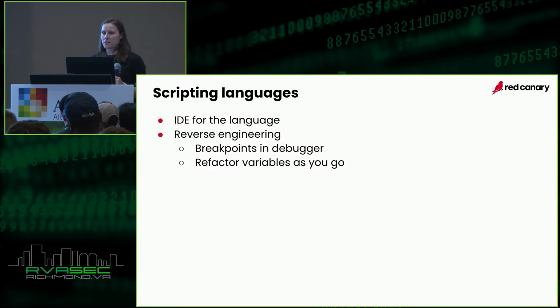Let me run the debugger to here, refactor my code now that I got some runtime variables. And that iterative process is going to be very similar if you do go on to reverse engineer. And that way, when you go to traditional reverse engineering, you're just doing that same thing, but in a new language.